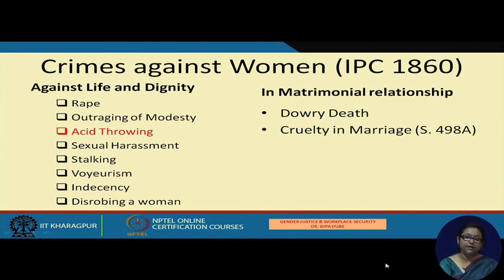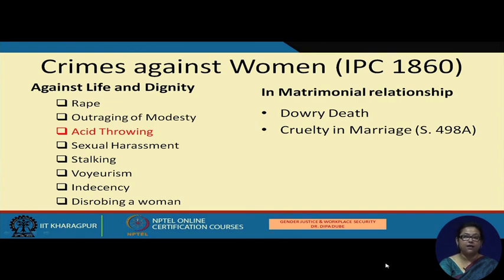It has not been mentioned with regard to gender. The victim could be a man or a woman. However, if you see the multiple instances happening in society, in the majority of situations it is girls and women who become victims of such acid throwing, and therefore somewhere it can be perceived as a form of gender violence, and therefore has been put in the list of such acts.